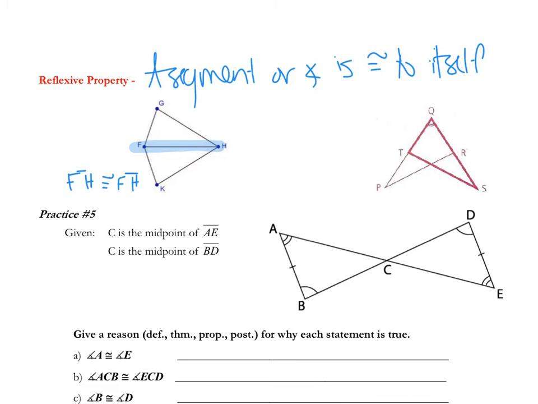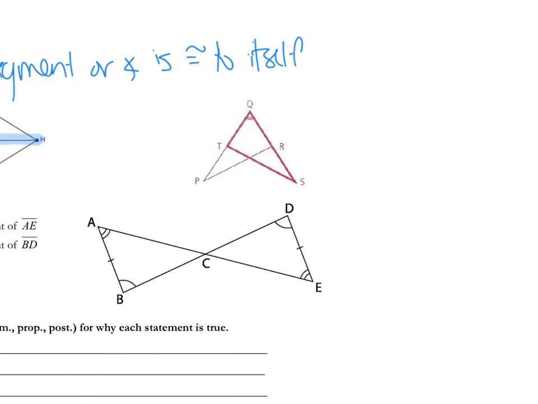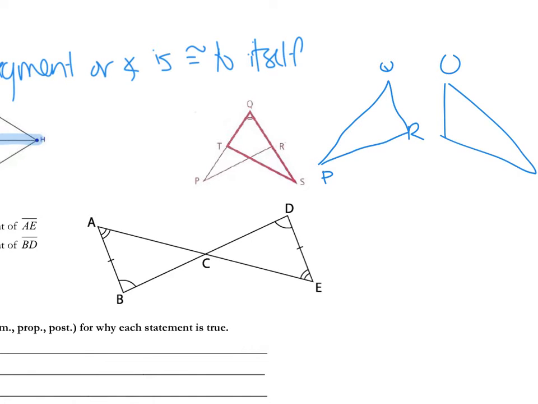In the next example, sometimes it's kind of hard to see these triangles when they are kind of built on top of each other. So one thing that we can do is separate them. So we have P, Q, R, and then we have Q, T, S. So we can see by looking at our triangles that they share a common angle.